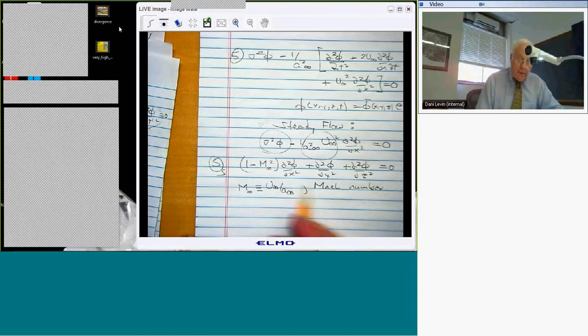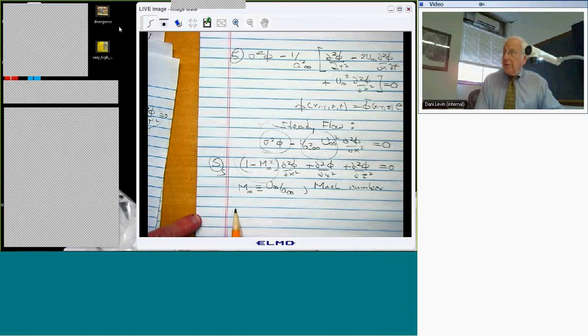Well, this equation, even though it's steady flow and nothing's changing with time, still has some interesting properties. In particular, note that this coefficient changes sign depending on whether the Mach number is greater than or less than 1. If the Mach number is less than 1, then this coefficient is positive. And this is really more or less Laplace's equation. In fact, what you can do is you can rescale x. You can define a new variable which is scaled by this coefficient.